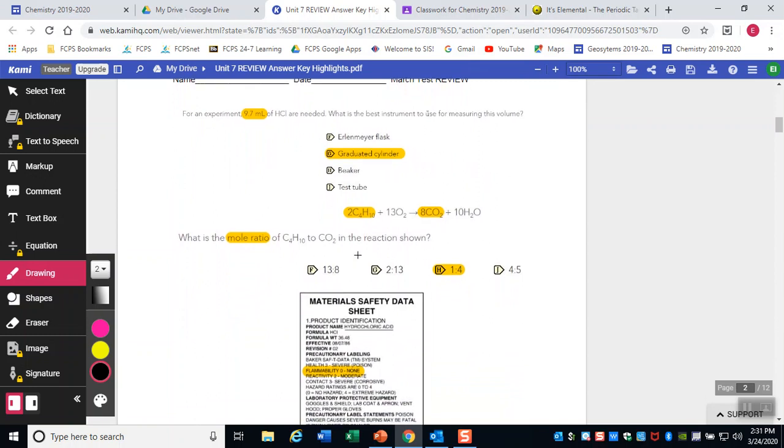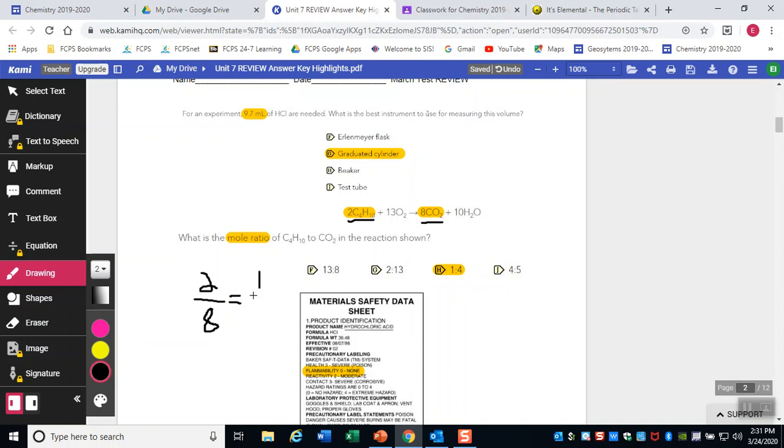For the mole ratio, you have 2C4H10, right? So that's this right here. And you have CO2 right here. The mole ratio would be the ratio of the coefficients. So there's 2 moles of the C4H10, and there is 8 moles of the CO2. And so that reduces to, they're both even, so you can divide both of them by 2.